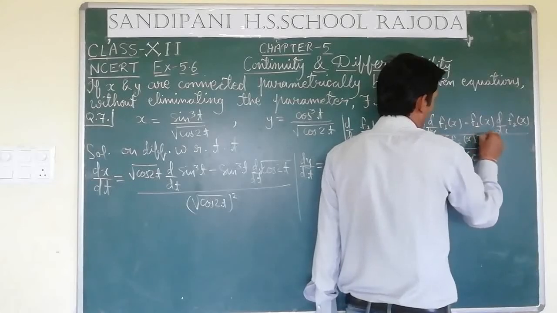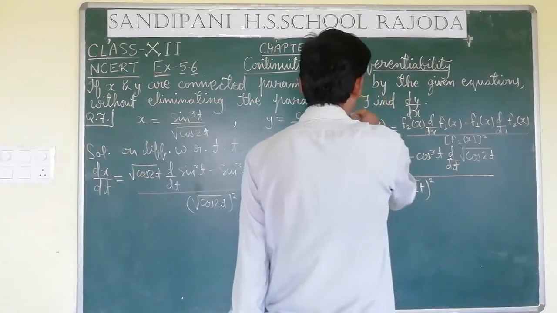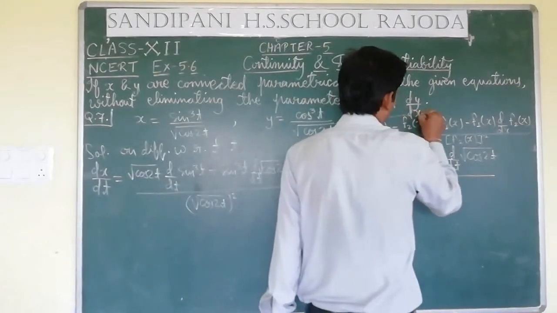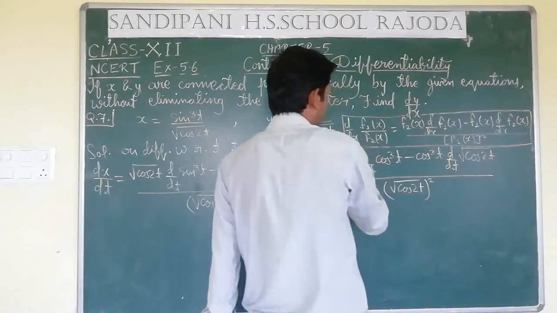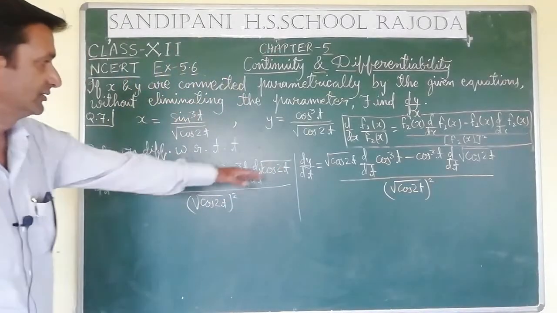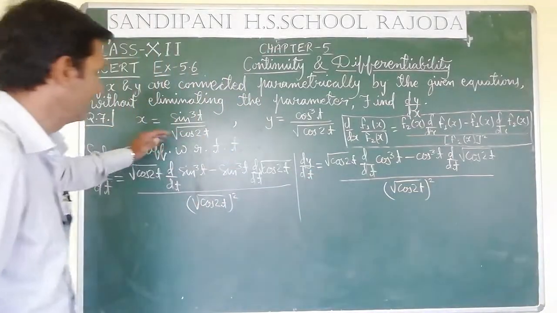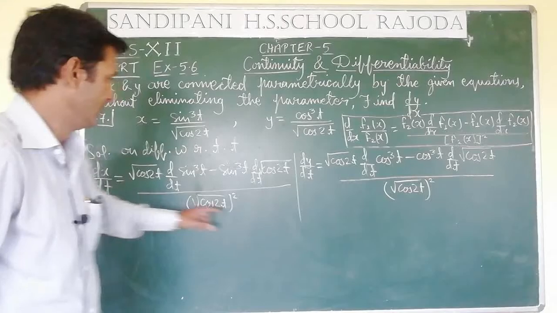This is the applied formula. So by using this formula we are doing these two steps here for x and y as functions of t.